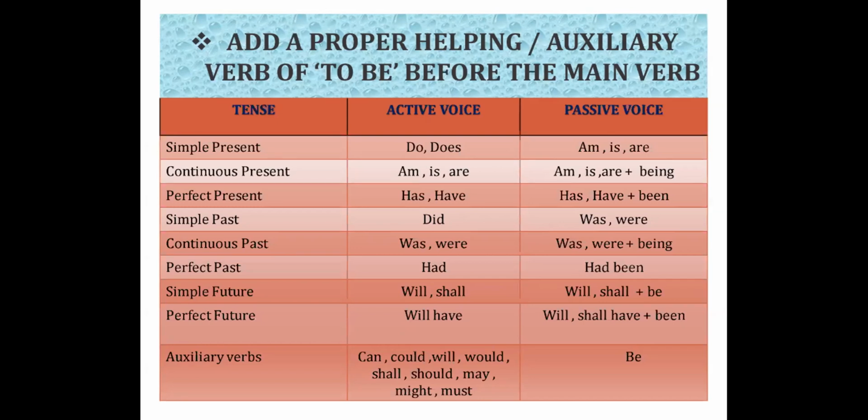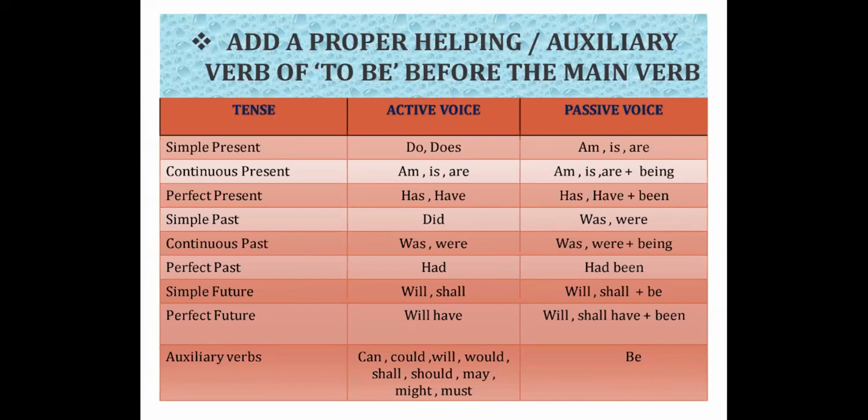When there is present continuous tense, in active voice there is am, is, are, we have to use am, is, are plus being, B-E-I-N-G.